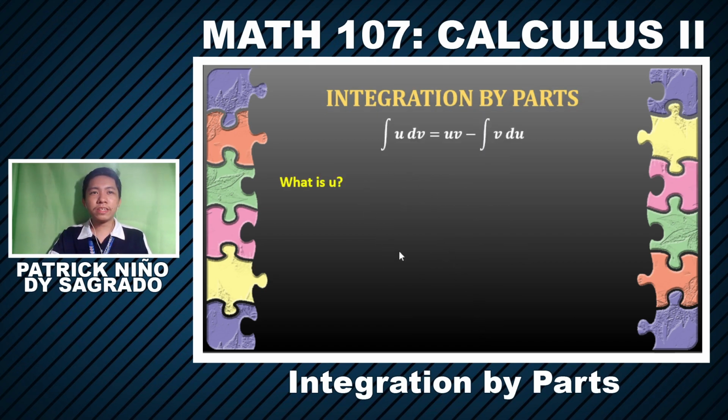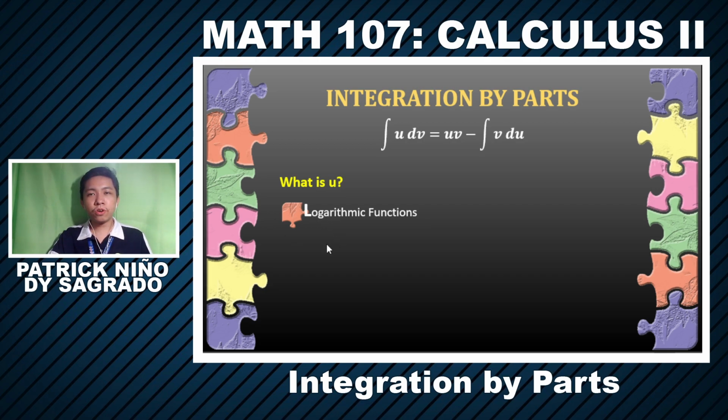So what is in this case our u? Our u can be determined through an algorithm of sorts. The first thing that we will consider is: is it a logarithmic function? Which of the following parts in that integral is a logarithm?